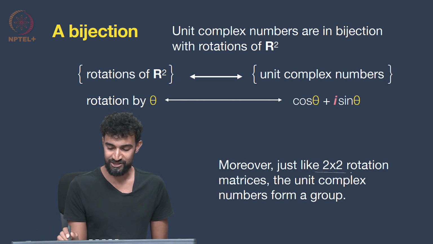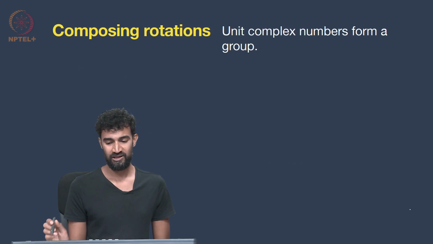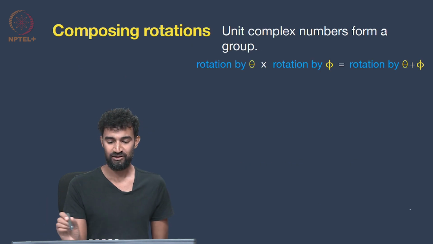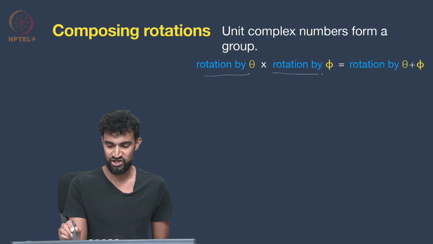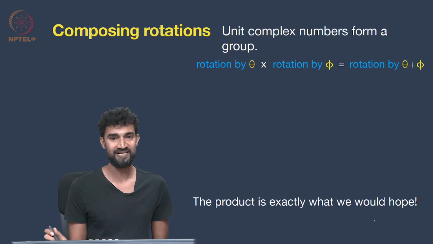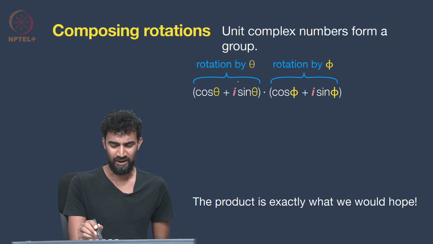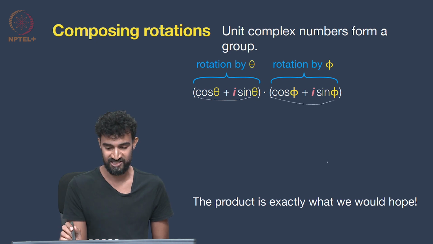Moreover, just like the 2x2 rotation matrices, the unit complex numbers form a group, by which I mean that rotation by theta times rotation by phi does indeed give us rotation by theta plus phi. The product is exactly what we would hope it would be. So let's just see why that's the case. Rotation by theta is given by this unit complex number. Rotation by phi is given by this unit complex number.